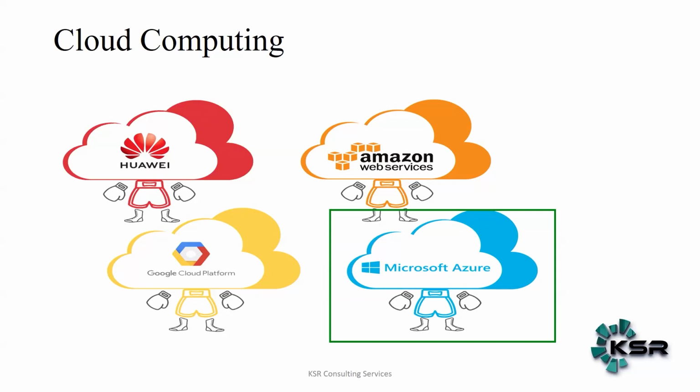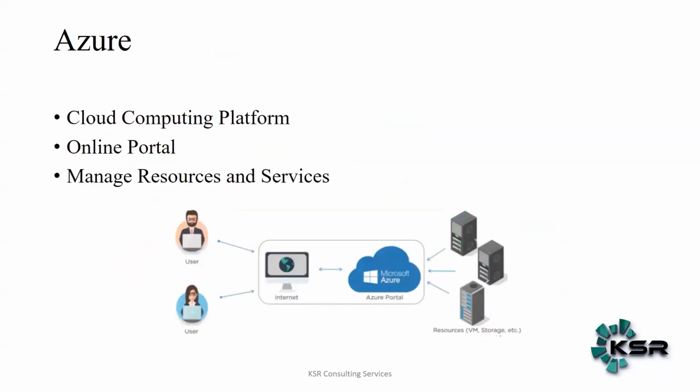With respect to Azure, we will be focusing on this. It is very much upfront. It is an online portal. You need not do anything. You simply go and request for services and they will send them to you.